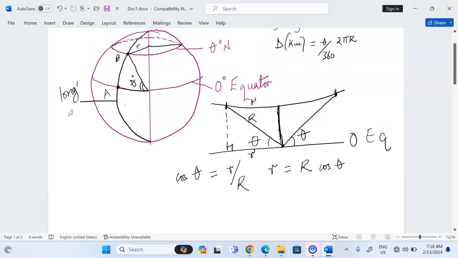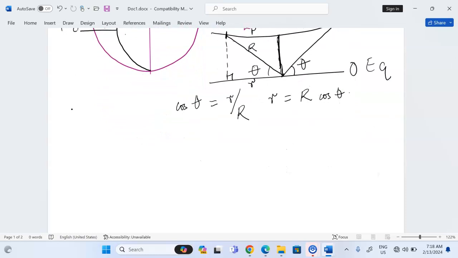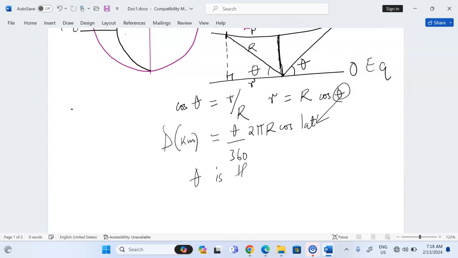Therefore, because it is the length of an arc and we know the value of the small radius, we use the same formula. Distance across a small circle in kilometers is given by theta over 360 times 2 pi R cosine of the latitude. In this case, one theta is the latitude where the two places are, and the other theta is the longitude difference.